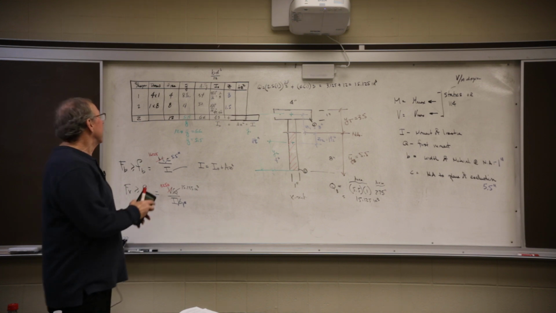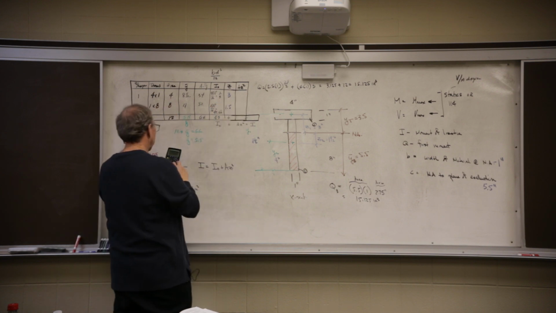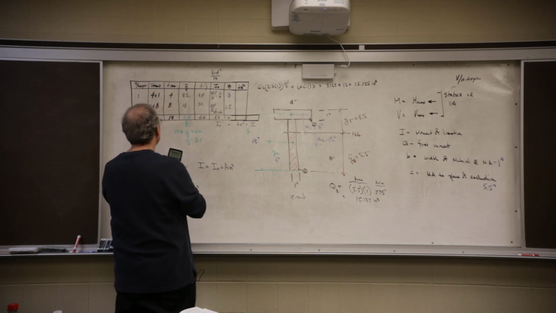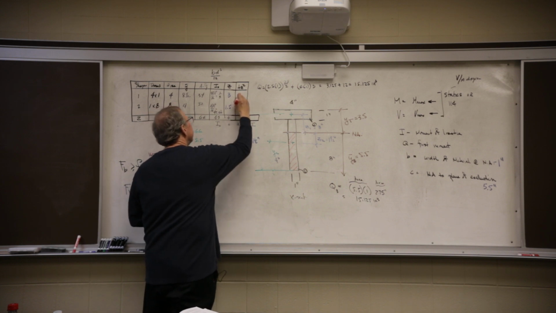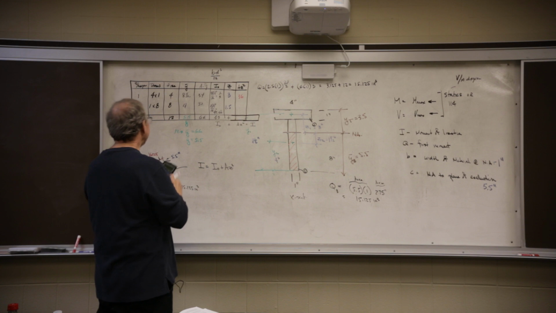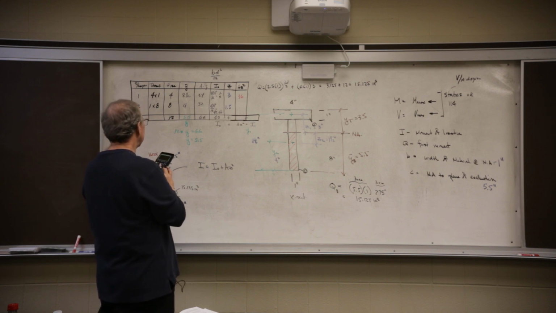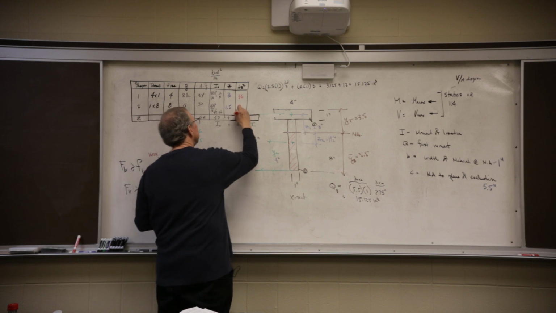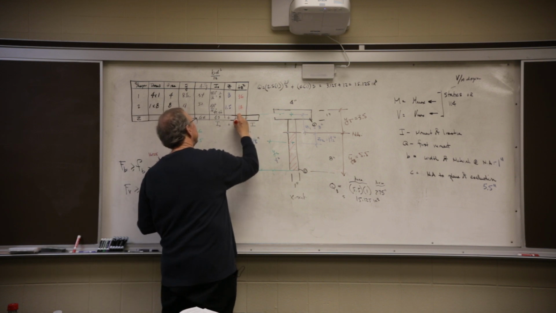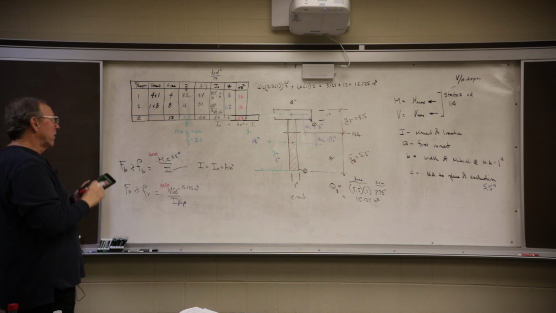Az squared. I'll take 4, multiply it by 3 squared, get 36. 8, multiply it by 1.5 squared, and get 18. Add the two together and get 54.